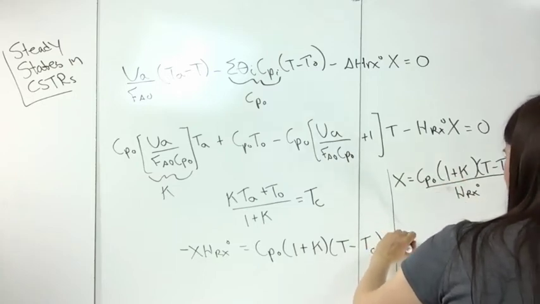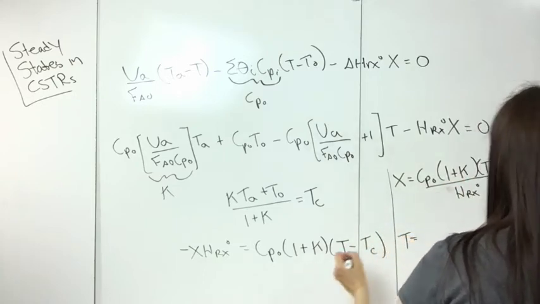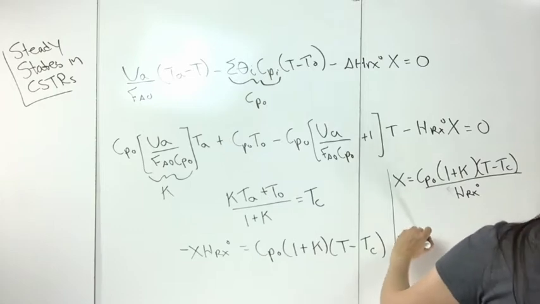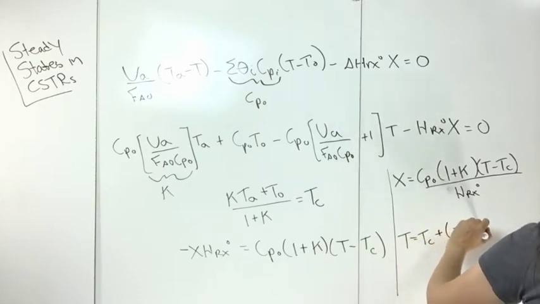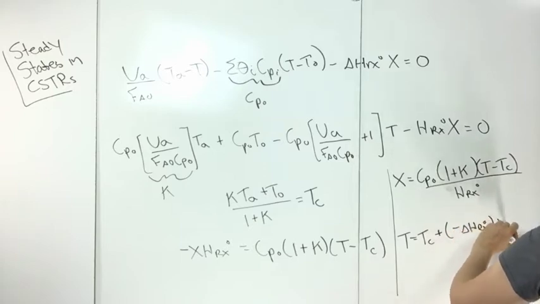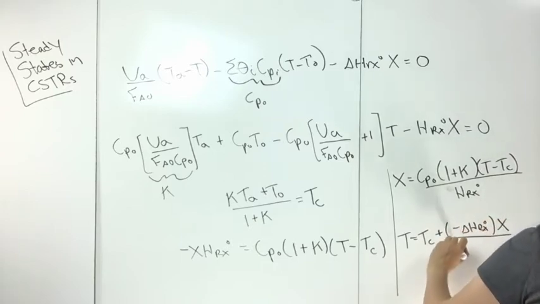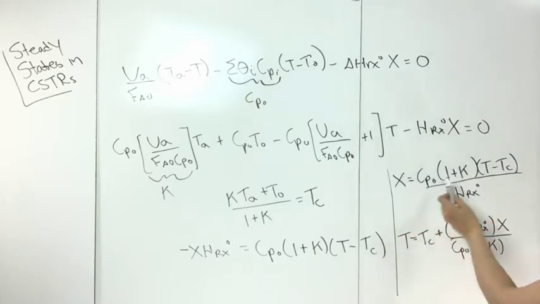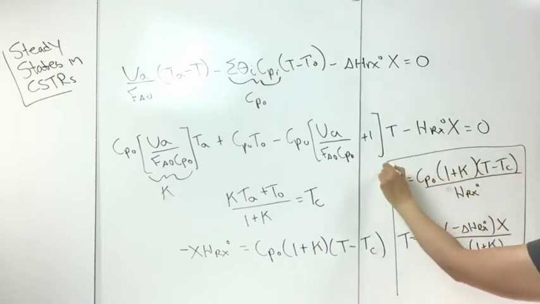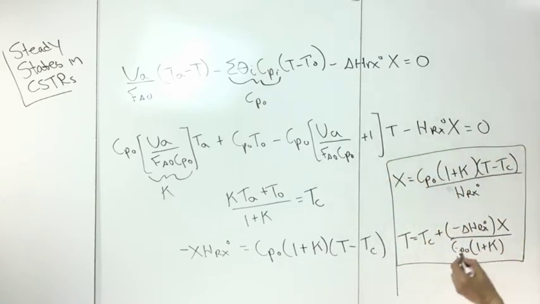And if we solve this for T, that's equal to Tc plus the heat of reaction X over Cp naught multiplied by 1 plus kappa.